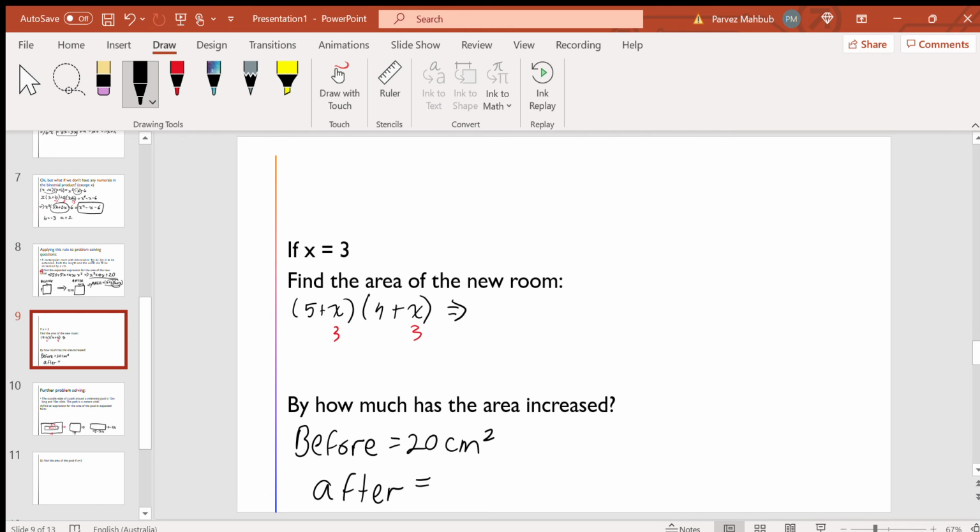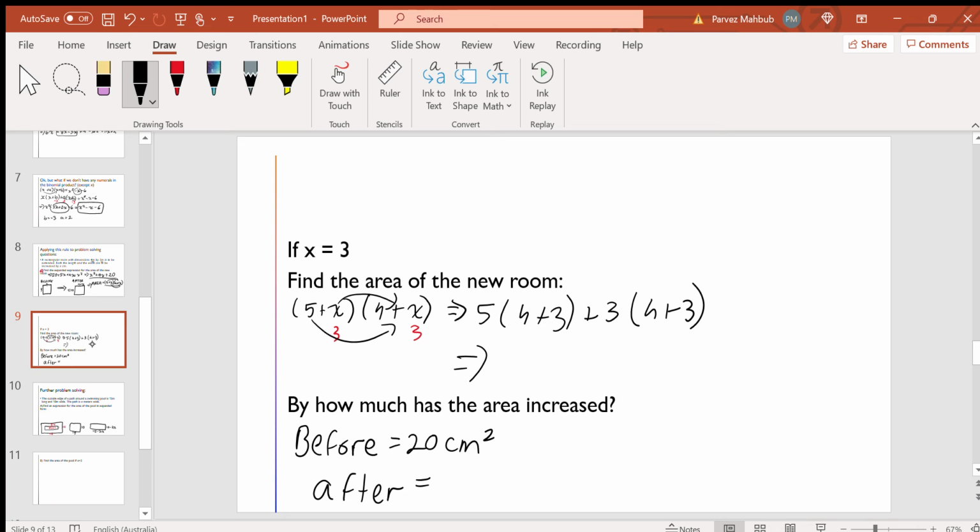And we can solve this expression if we substitute 3 into x, so that becomes 5 times 4 plus 3, plus 3 times 4 plus 3, because we're multiplying this by this and this by this.